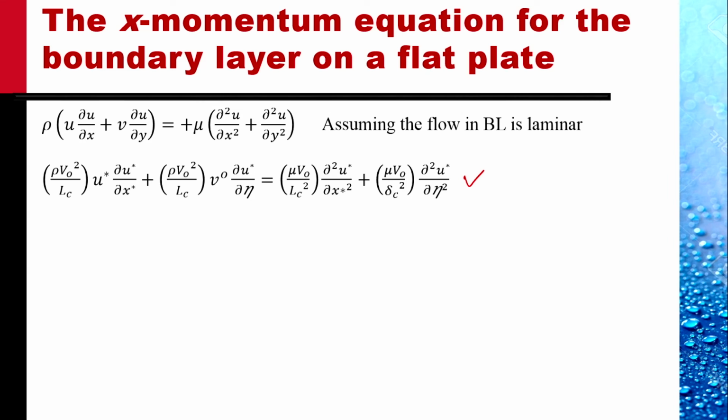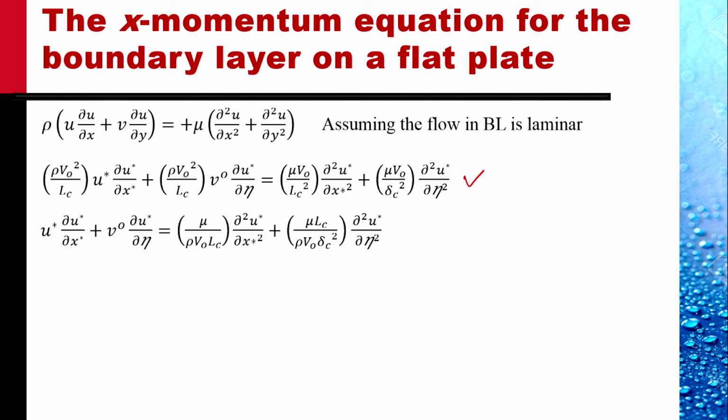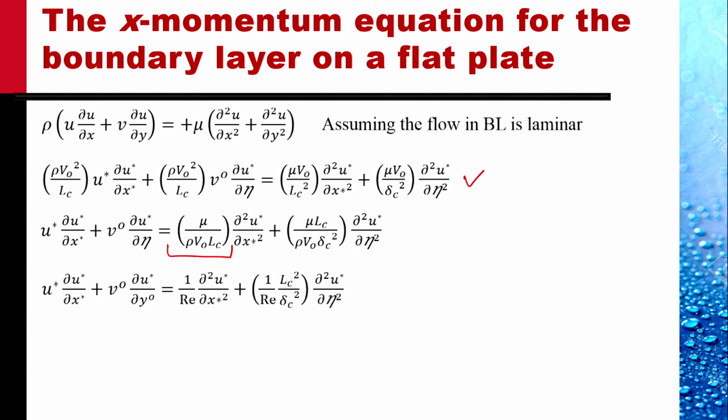And if we make the coefficient of the first term as 1, then the resulting equation is this. Recall that this is like 1 over Reynolds number based on length. So this is how we can write this equation.